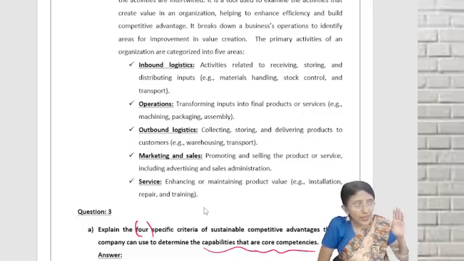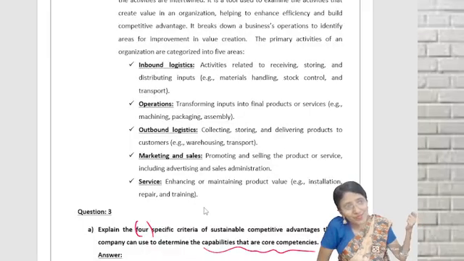To say that one company is unique vis-a-vis the competitor. Four criteria which make a company stand distinct and unique and high as compared to the competitors. She smiles, so she's going to give the answer.